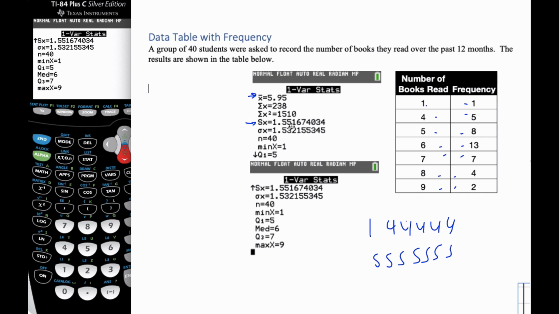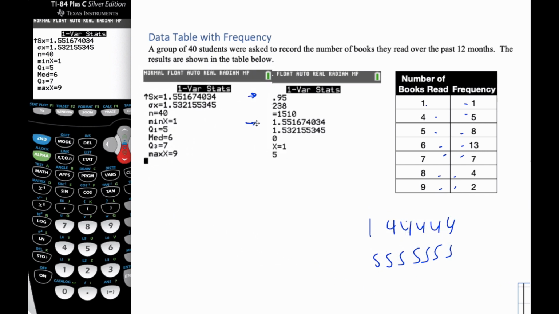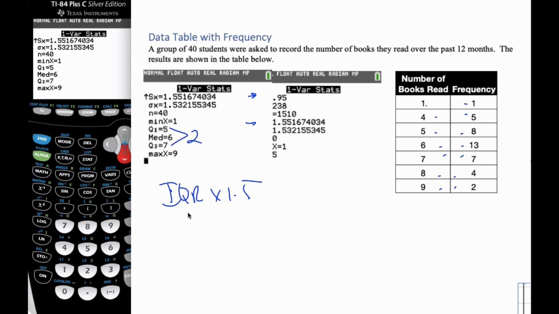But if I want to determine if there's an outlier, if we remember, we have to do Q1, we know our Q3. Well, I have to do the IQR times 1.5. Well, the IQR is 7 minus 5. It's 2. 2 times 1.5 is equal to 3.